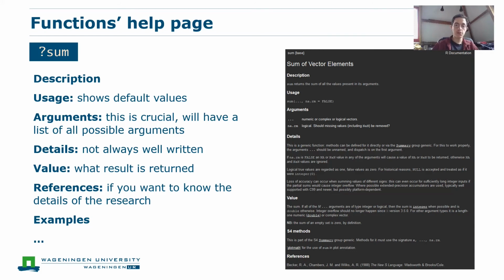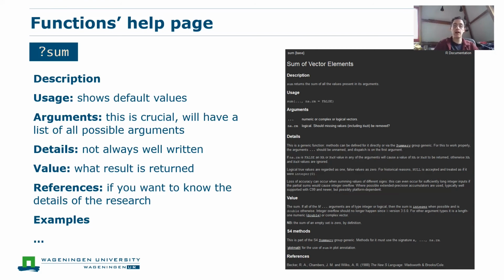The argument section is very useful to understand what each argument means and how you should use them. The details section is not always very well written in base functions, so functions that are very basic. The documentation tends to be very good, but for things that some people have developed, sometimes people don't take a lot of time to write the documentation, and then these sections are not very well written.